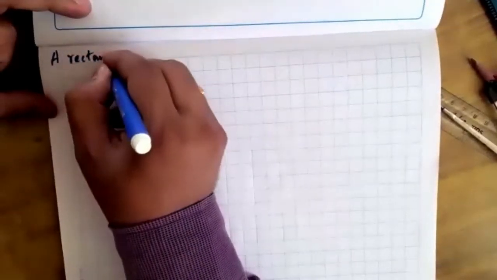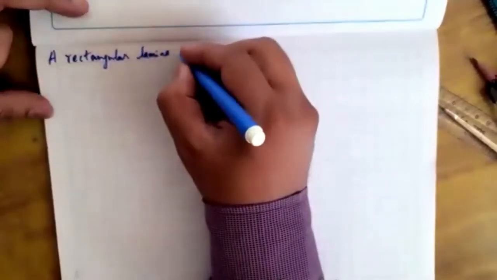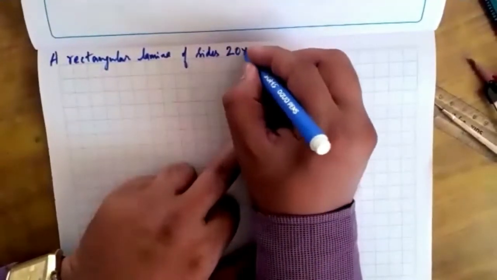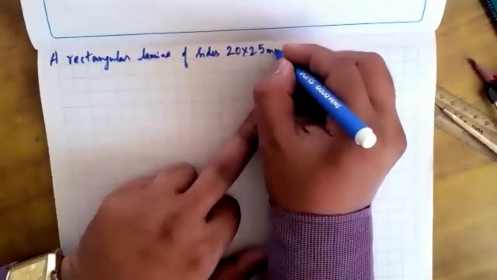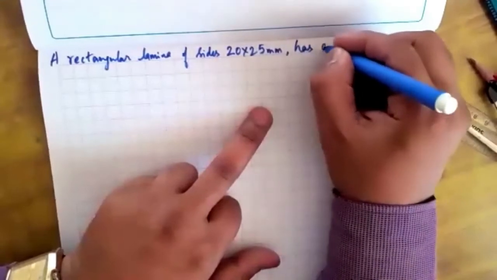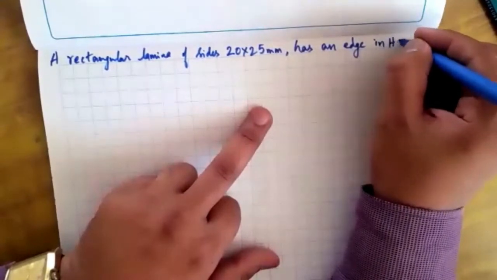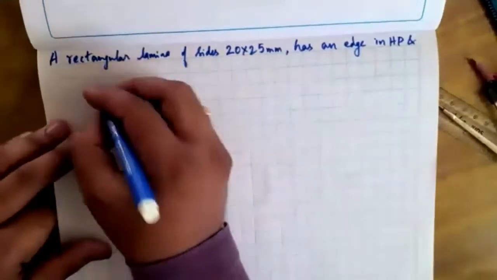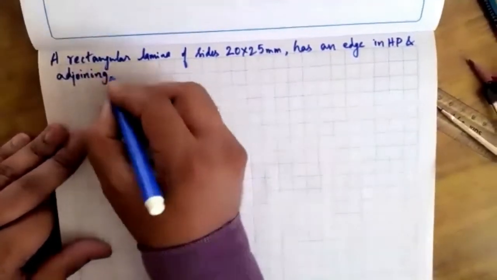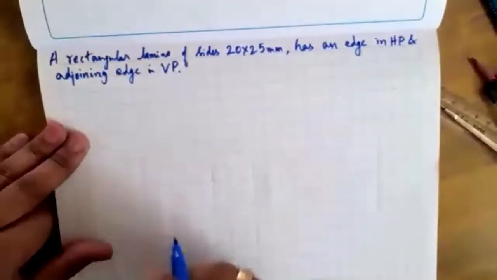A rectangular lamina of sides 20 by 25 mm has an edge in HP and an adjoining edge in VP.